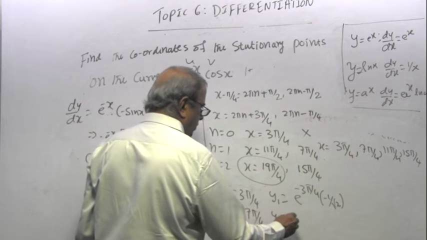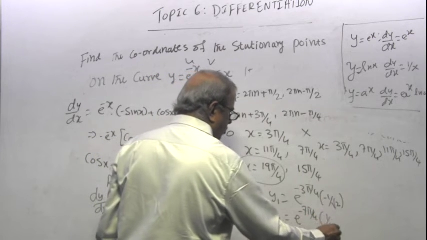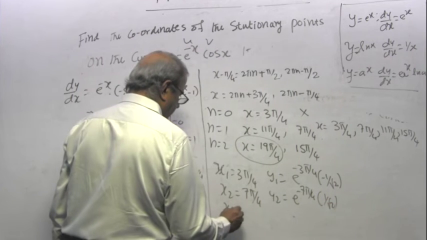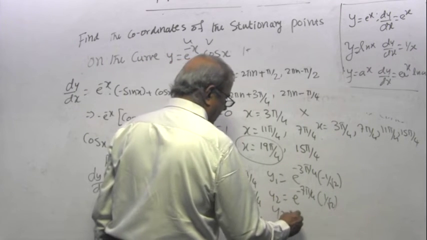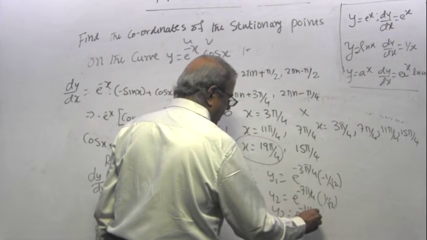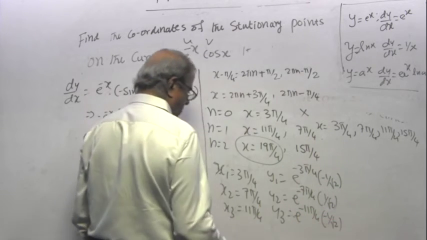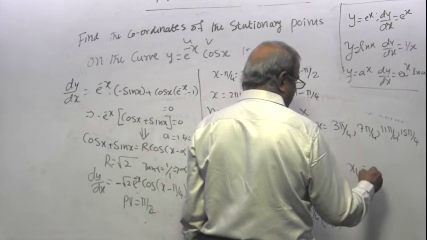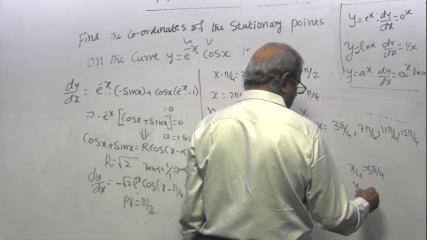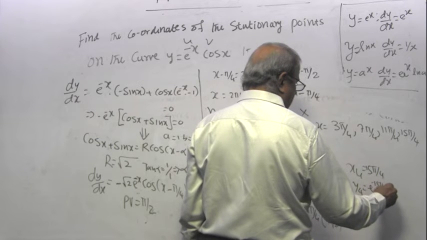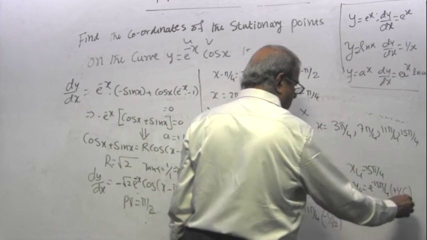So y2 will be e power minus 7 pi by 4 times 1 over root 2. x3 is 11 pi by 4. So y3 is e power minus 11 pi by 4 times minus 1 over root 2. x4 is 15 pi by 4. So therefore y4 is e power minus 15 pi by 4 times minus 1 over root 2.